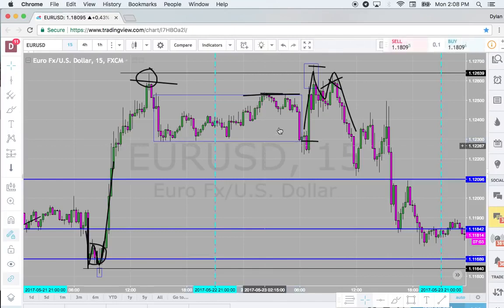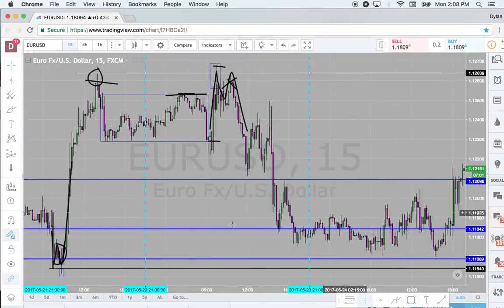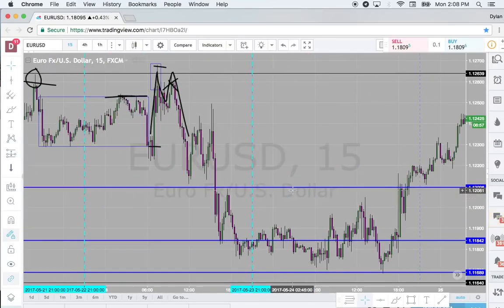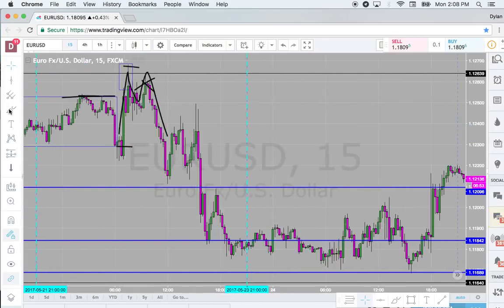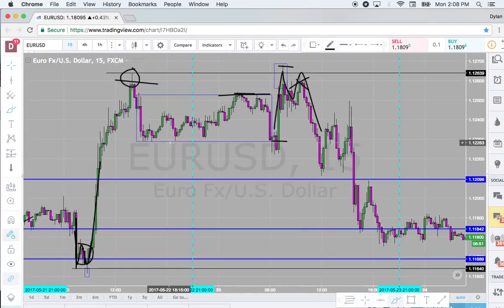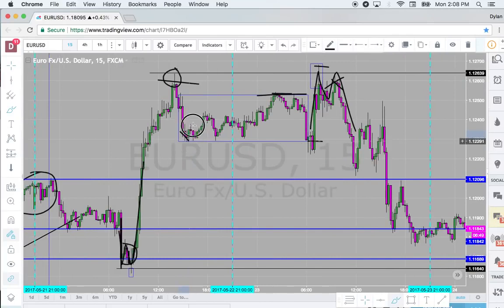Okay, M and W formations will happen all over your charts all the time, and a lot of times they will happen Asian session. Mostly, you can see Asian session here consists of basically a bunch of W's, M's, W, M, but what do we see?